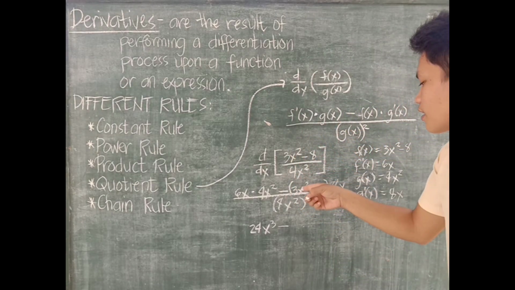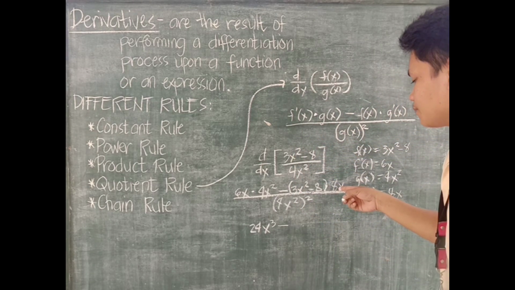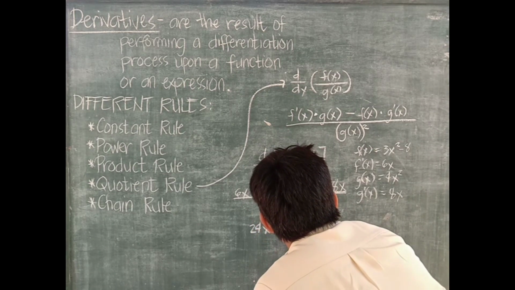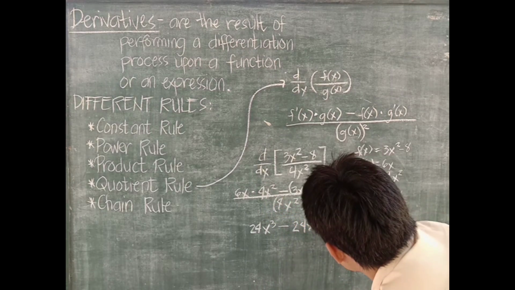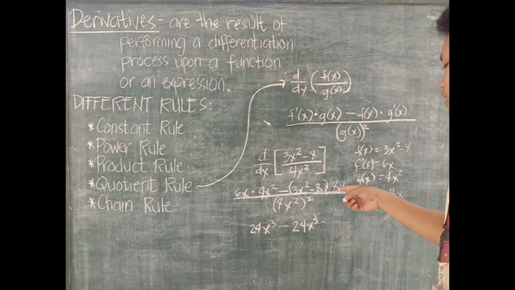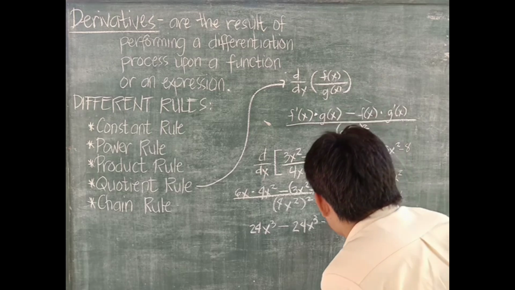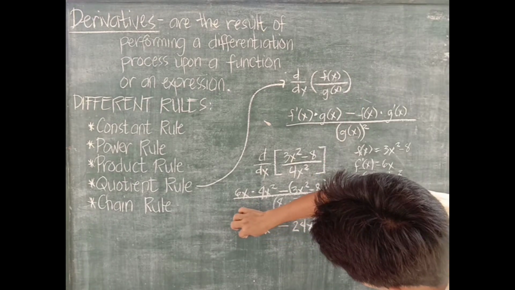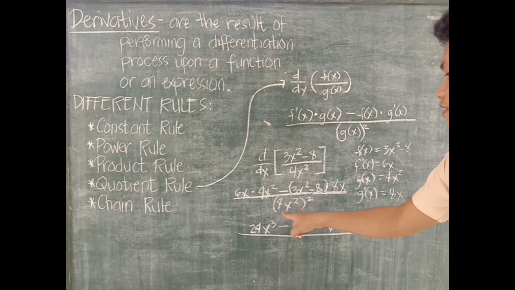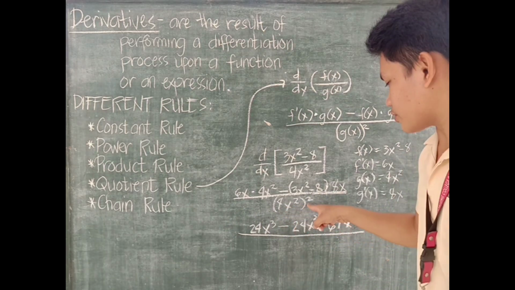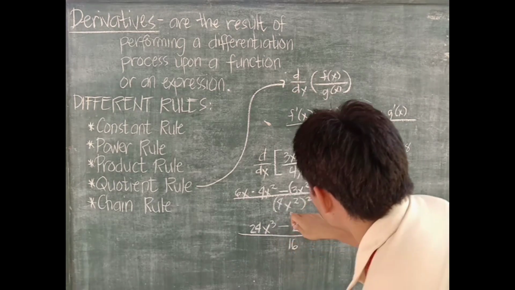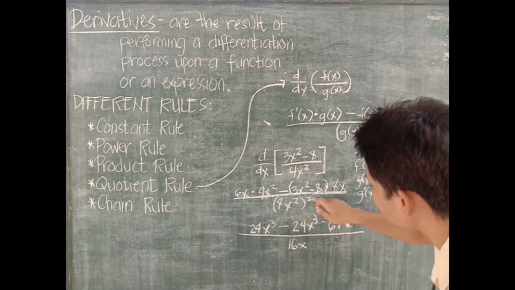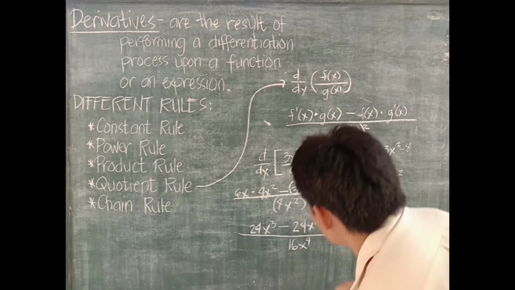Okay, 3x squared times 8x is equal to 24x cubed, minus 8 times 8x is equal to 64x. All over, you have here 4 squared is equal to 16x, 2 times 2 is equal to 4. So 16x raised to 4.